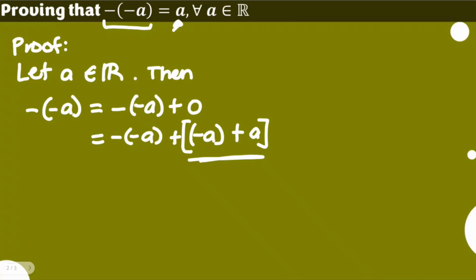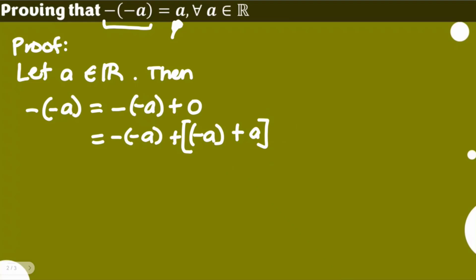The purpose of introducing this is that what we would like to see on our right hand side later is positive a. Here we have introduced a already, and we are one step closer to our goal. But of course, we are going to show the rest of the steps. Hopefully it is clear that that is just equal to 0 and it is not changing the value of the negative of negative a.